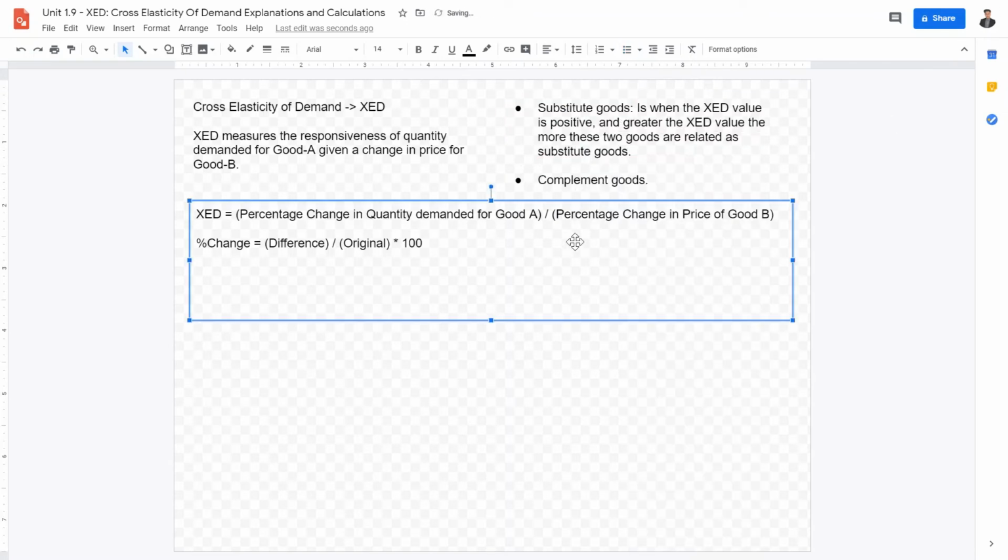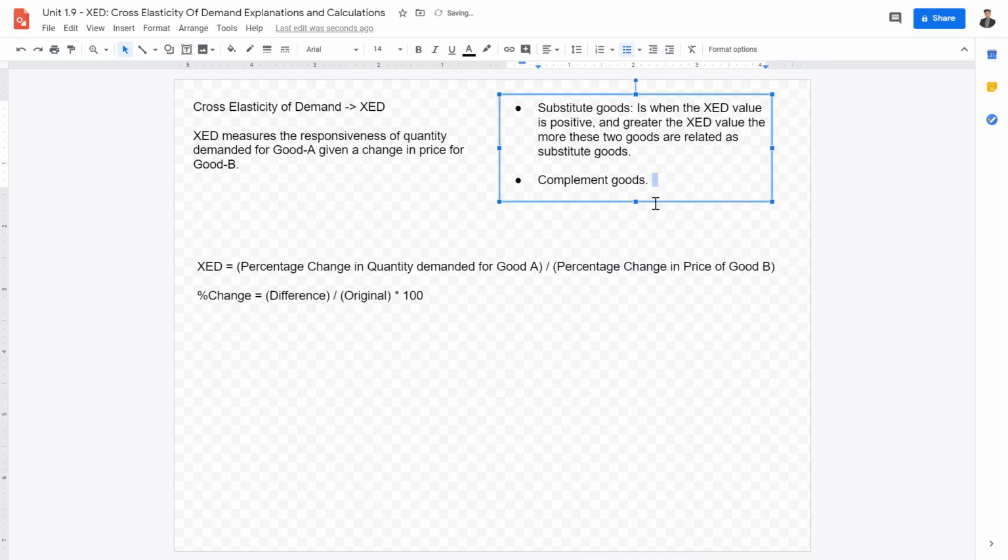So that's what a substitute good is, in relation to XED values. A substitute good is a good where product A and product B could be substituted with each other with minimum effort and minimum cost, and that's why consumers would choose to go for the cheaper option or the option that's more appealing.